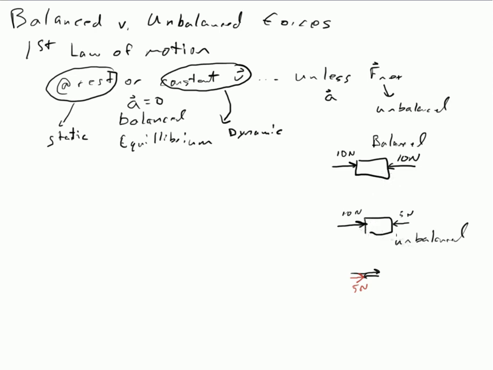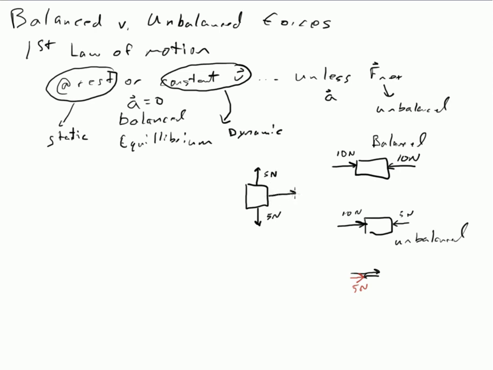We could look at the vertical as well. We could take something and we have some 5 newtons pulling down on it maybe, and maybe 5 newtons pulling up on it. Say that's balanced vertically.